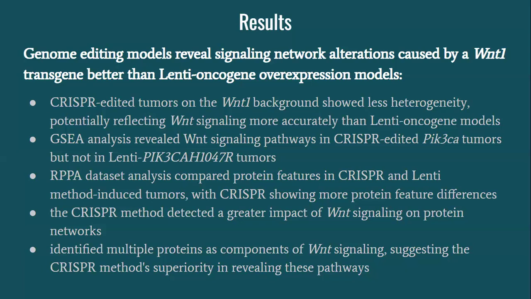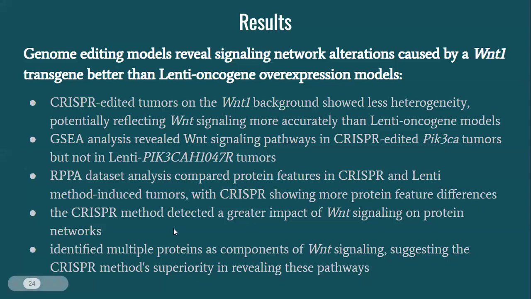Then GSCA analysis also revealed Wnt signaling pathways in CRISPR-edited PIK3CA tumors, but not in lenti PIK3CA tumors. And the RPPA dataset analysis compared protein features in CRISPR and lenti method-induced tumors, with CRISPR showing more protein feature differences. So this was also a more robust method.